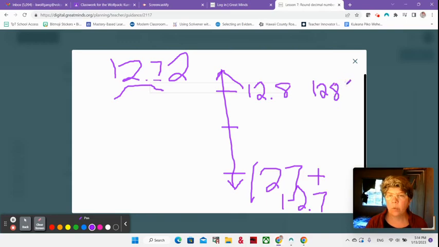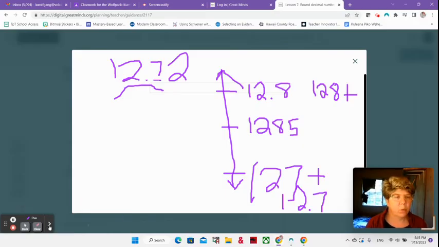Then I'm thinking, what is between the two of those? So between the two of those would be 12 and 75 hundredths, right? Because 5 is going to be halfway between. Oh, I'm sorry, I made a mistake there. Not 128, 127, right?